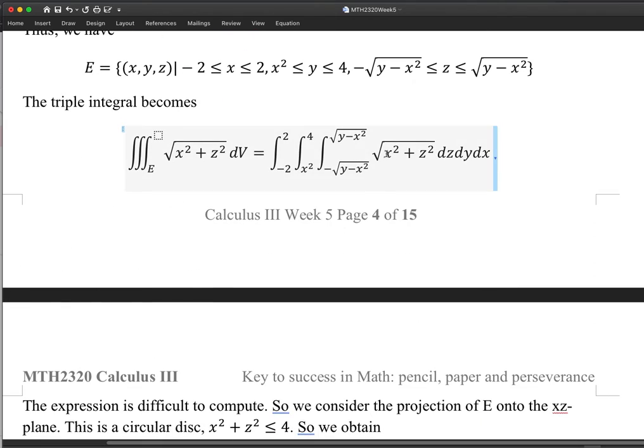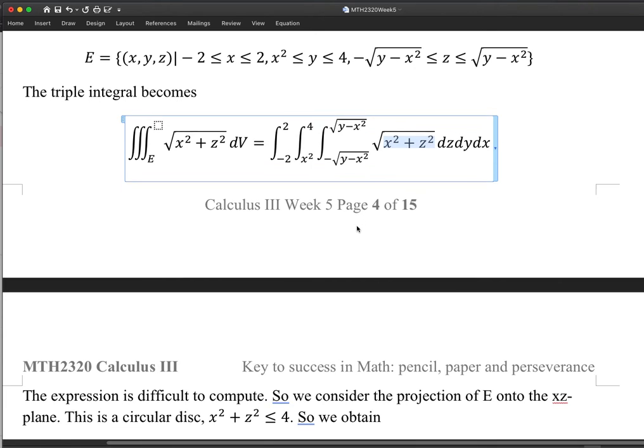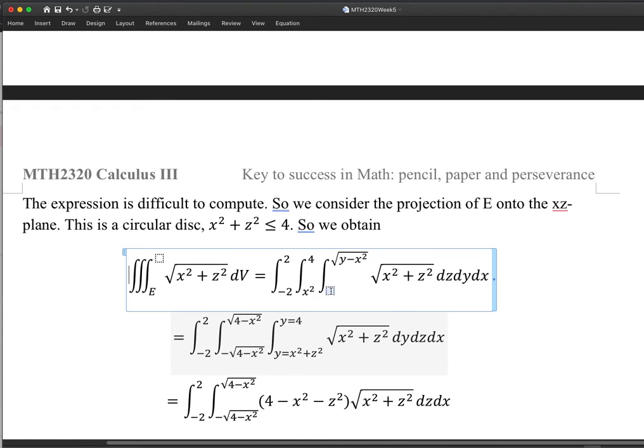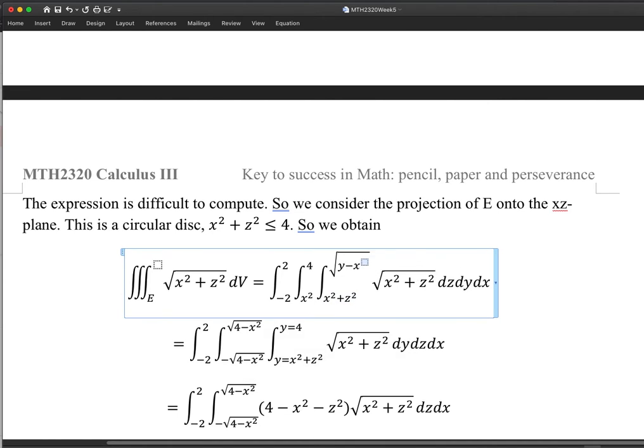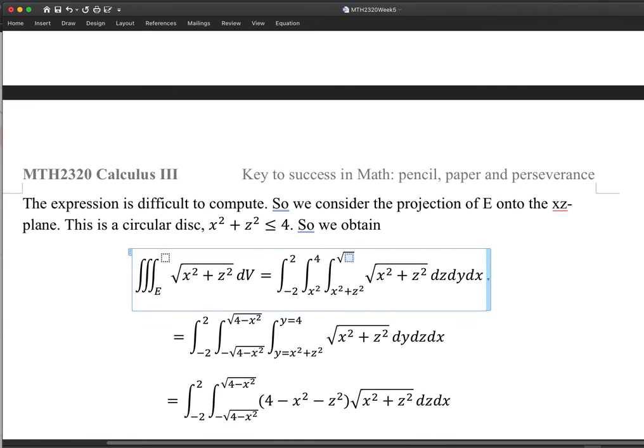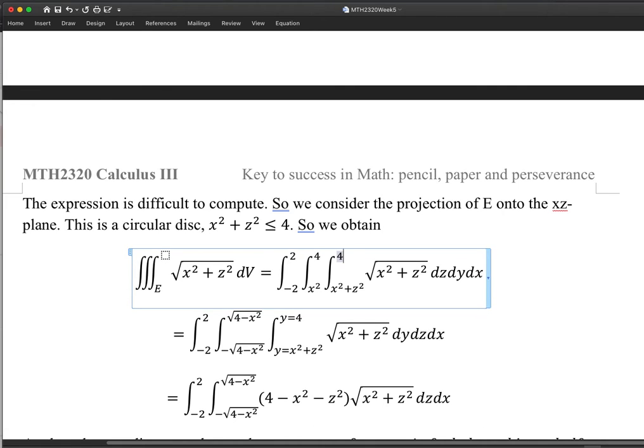So the lower bound is x squared plus z squared, and this portion really goes to 4.